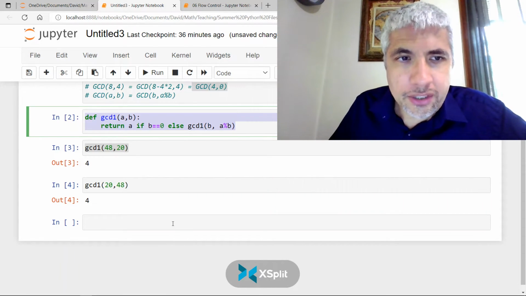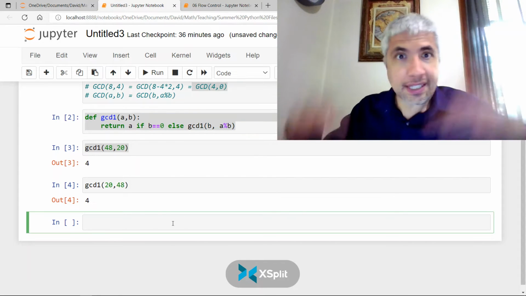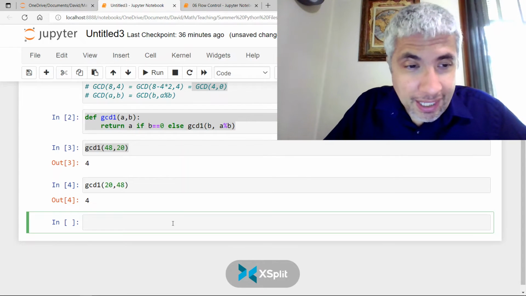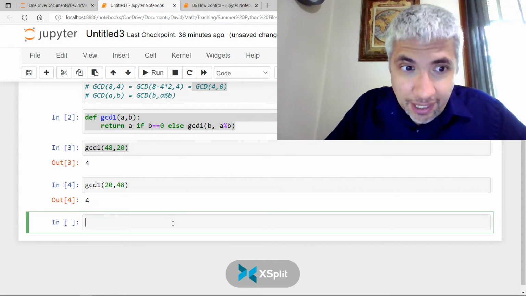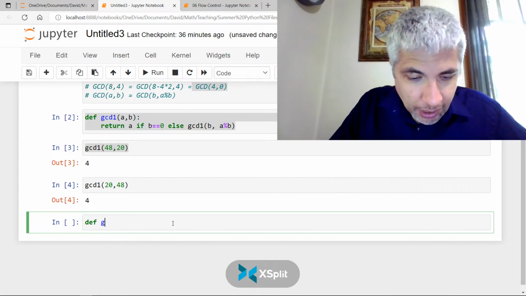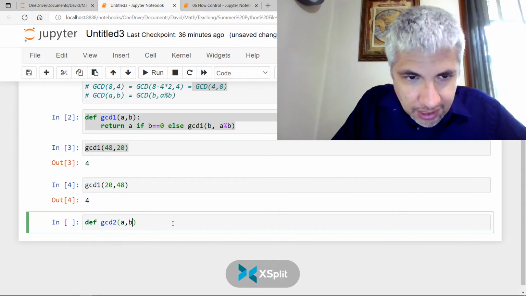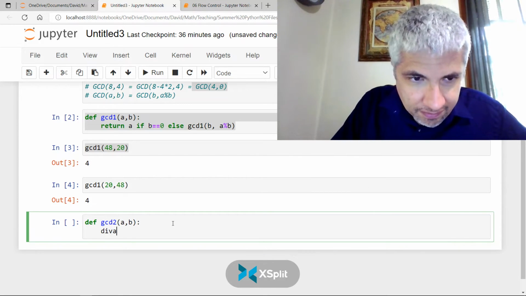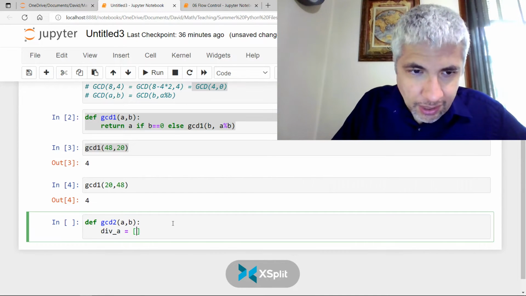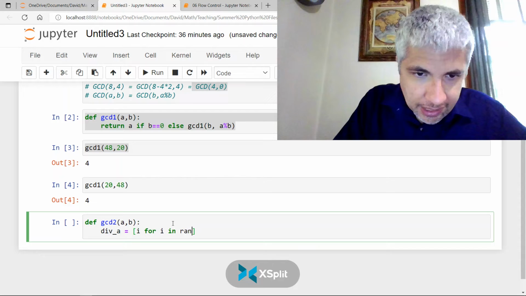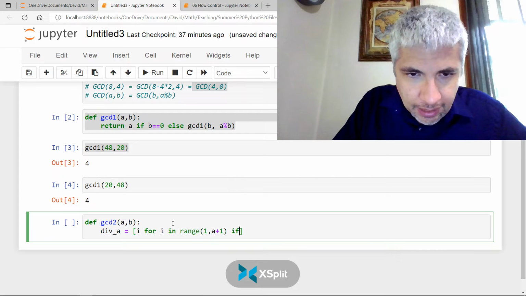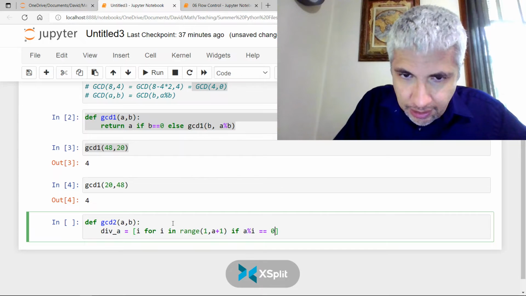Okay, let's try just from the definition of GCD. Let's say I didn't know Euclid's algorithm here. So we don't want to go all the way back to ancient Greece. So let's find the divisors of A and B. So new way, definition, GCD2 of A and B. So I could find the divisors of A. So I can make the list of all I for I in range 1, 2, and including A. I want to include the ones where if I divide, I get 0 as the remainder.